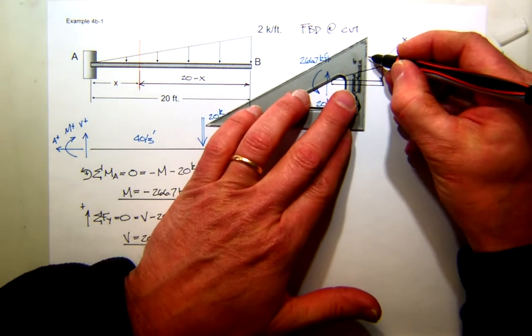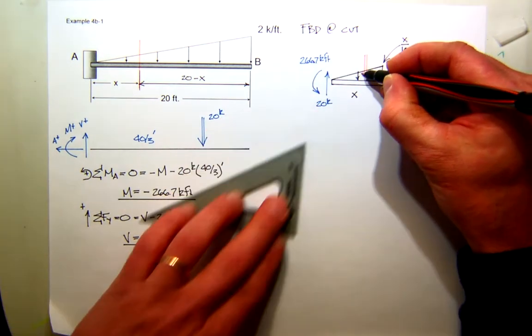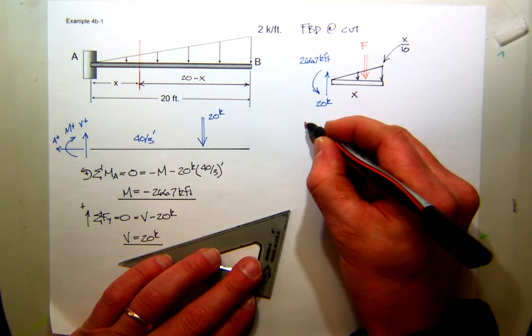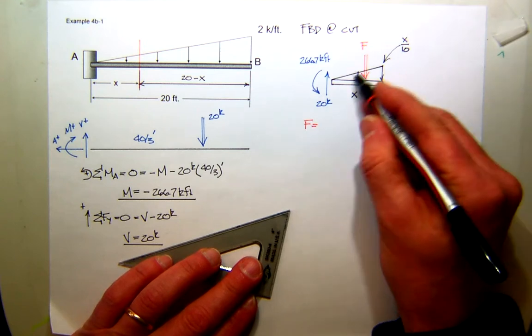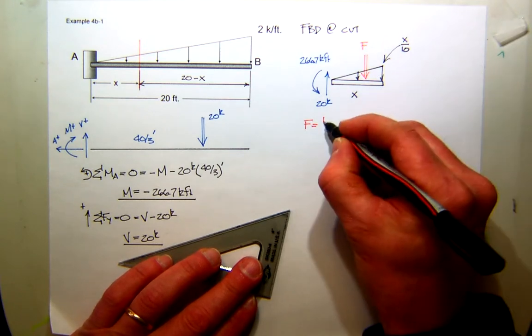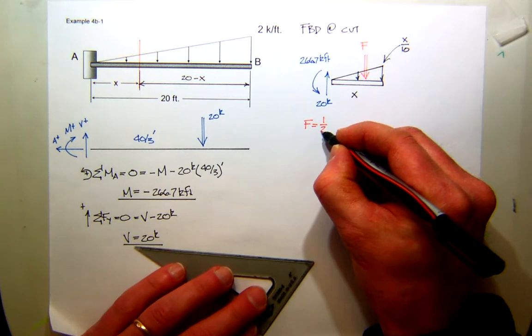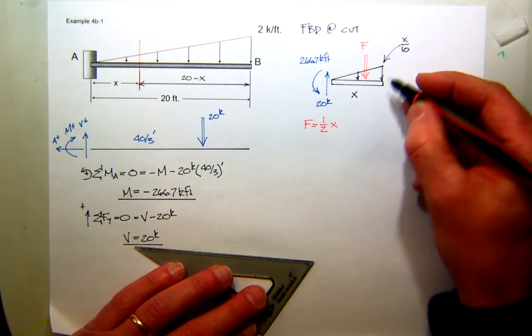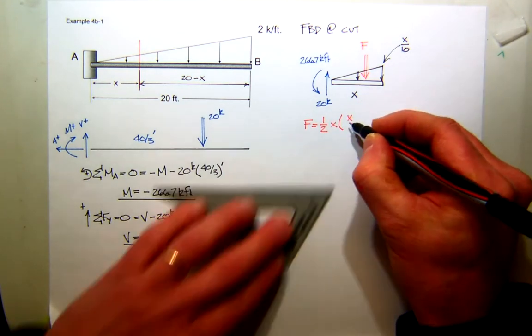So now the concentrated equivalent force, I'll just call it F. Let's calculate what F is. Now for a triangle, it's always 1/2 base times height. What's my base? x. What's my height? x over 10.